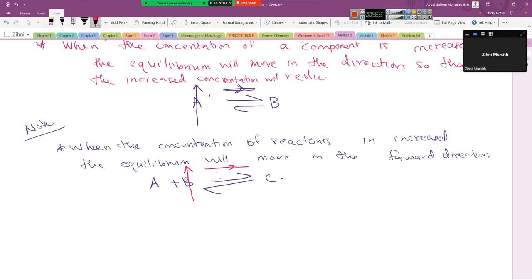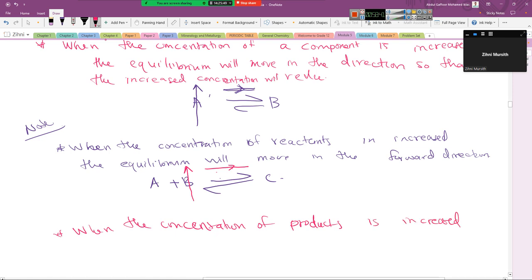Now the vice versa. The second point is, when the concentration of products is increased, the equilibrium will move in the backward direction, right?